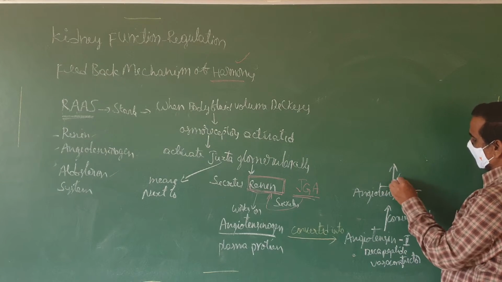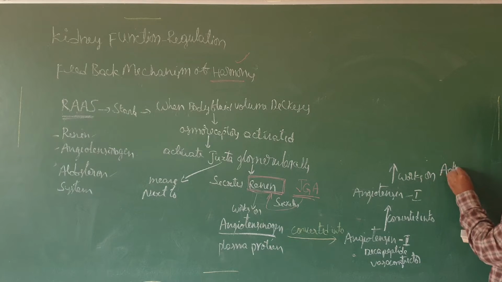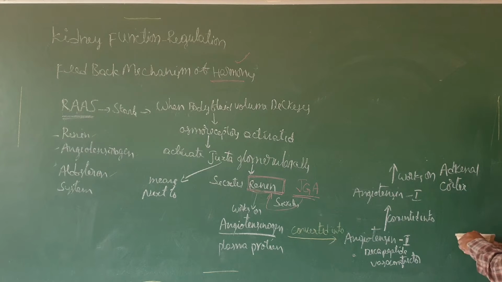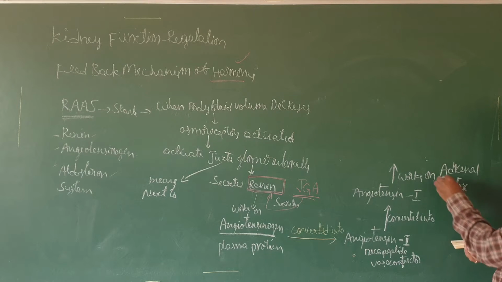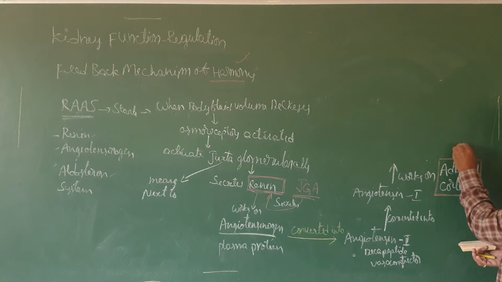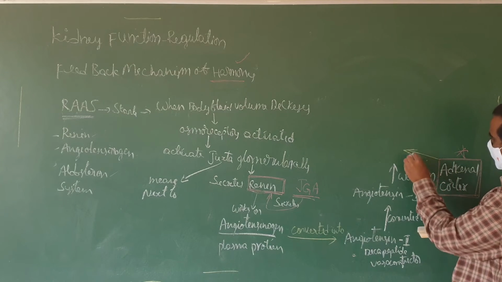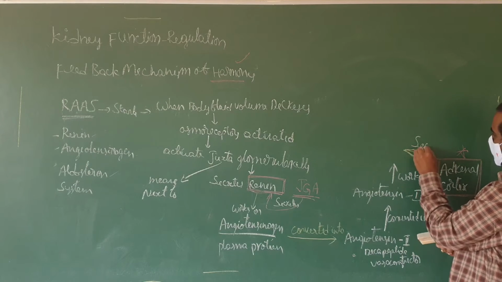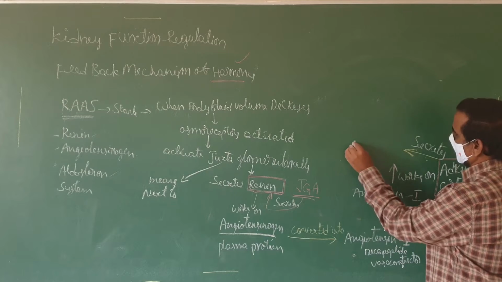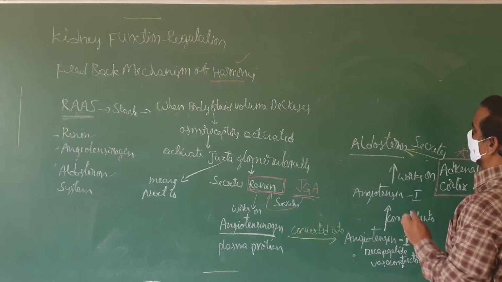This angiotensin 1 works on the adrenal cortex. Adrenal cortex secretes aldosterone.